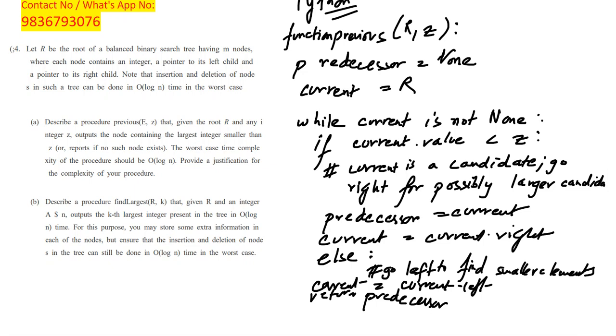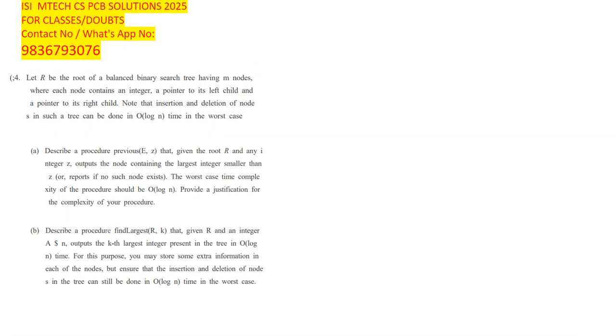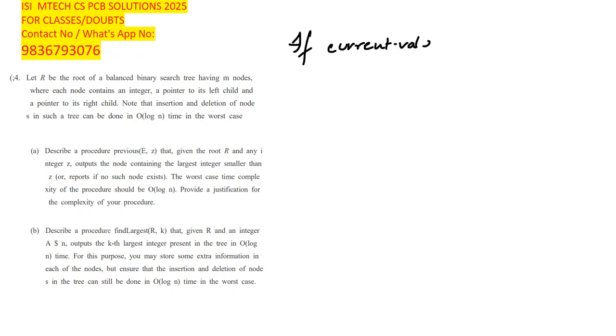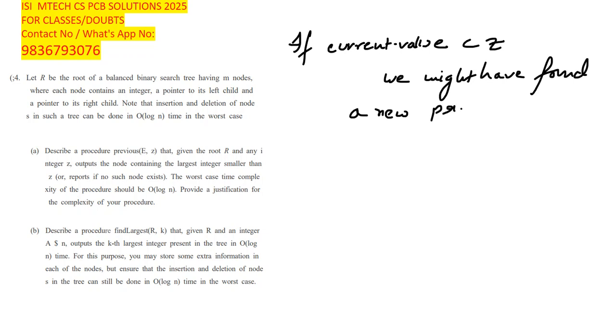I will give you the explanation. So if we go for the explanation of this logic: if current value is less than z, then we might have found a new predecessor.